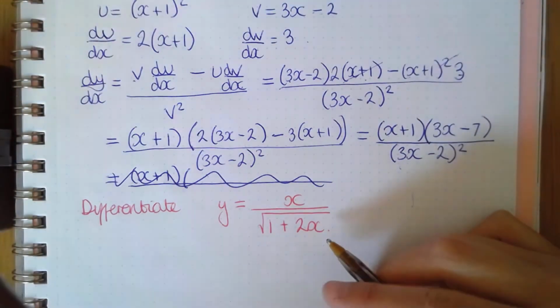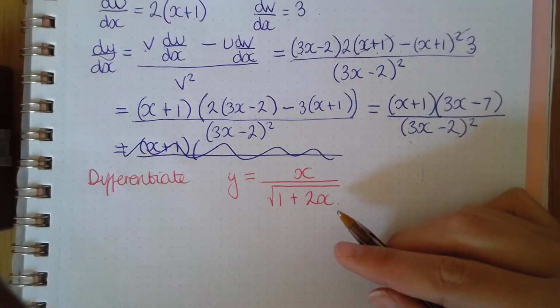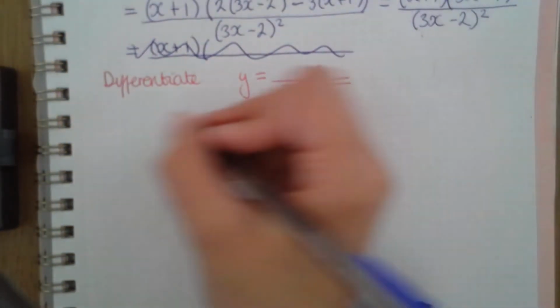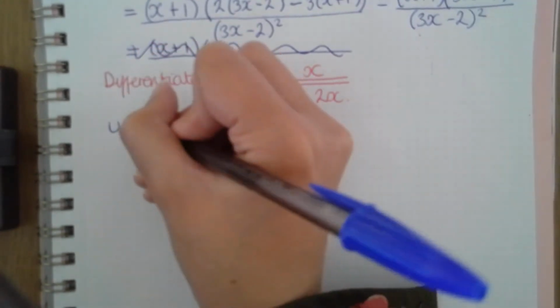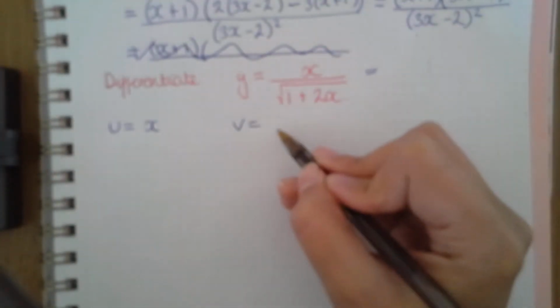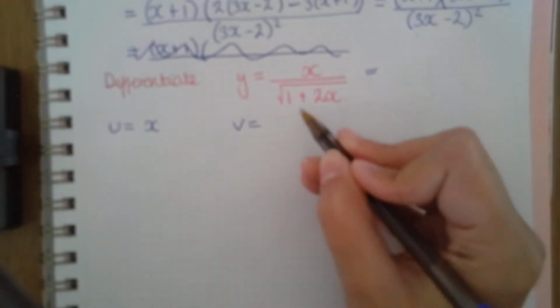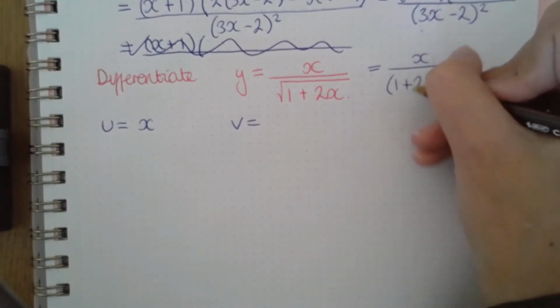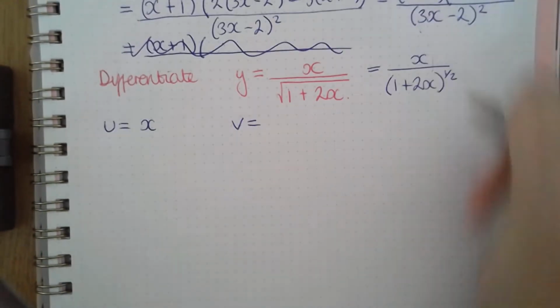Your second example is here, but we've got a square root instead this time. So my u is x, and my v, I can write it as square root of 1 plus 2x, but I know I can also write the question as x over brackets 1 plus 2x to the power of a half.